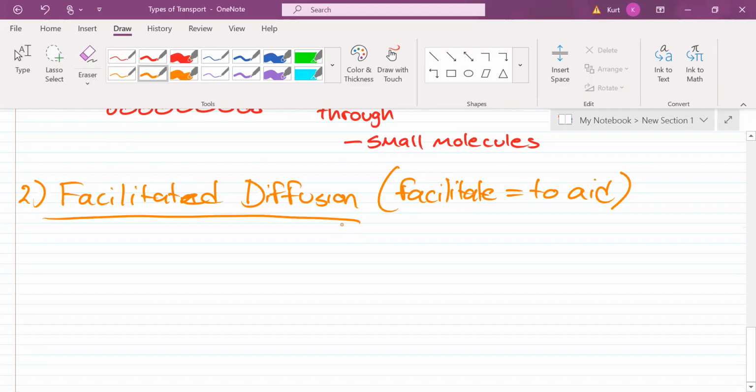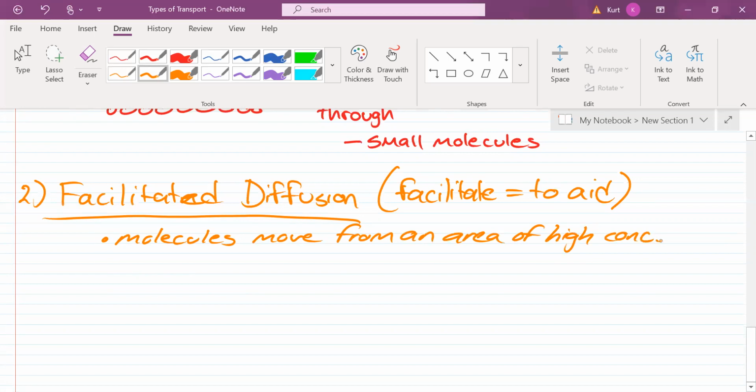Well, in facilitated diffusion, this is a means of passive transport, and when you hear passive transport, molecules are moving from an area of high concentration to low concentration. So that's something we need to make sure. That is a staple of passive transport. Molecules move from an area of high concentration to low concentration.